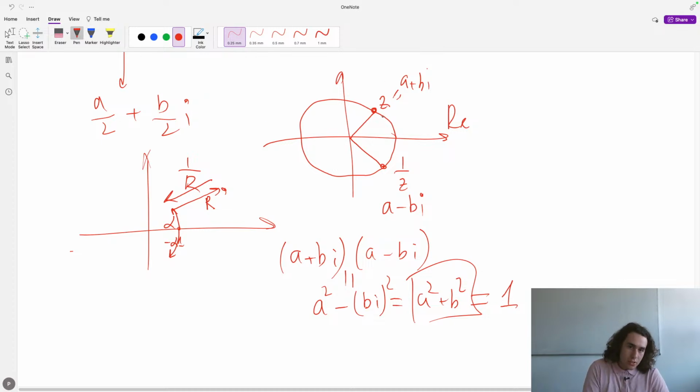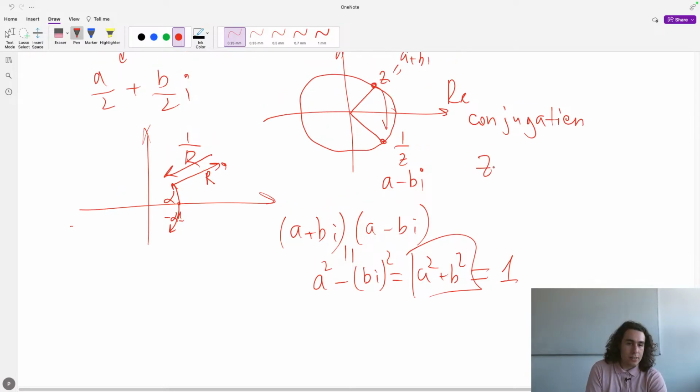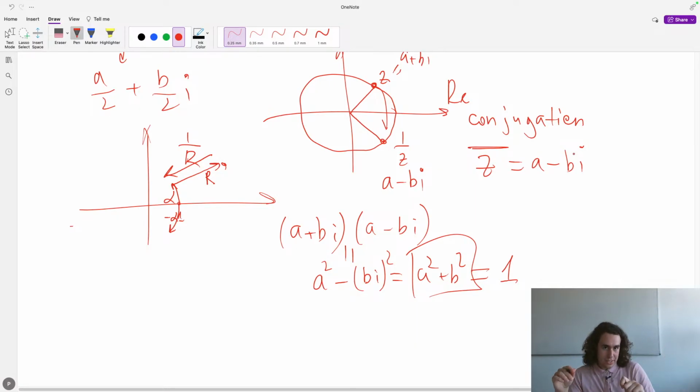And this operation of mirroring along the x-axis is called conjugation. So you have a number a plus bi, its conjugate, which is normally drawn like this, is a minus bi. Note that it's not always 1 over z, right?